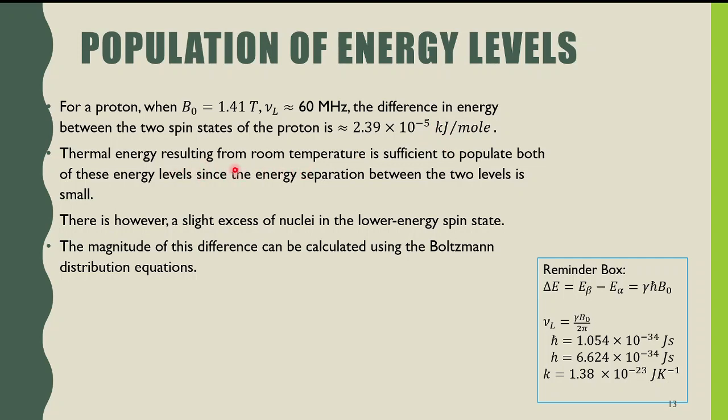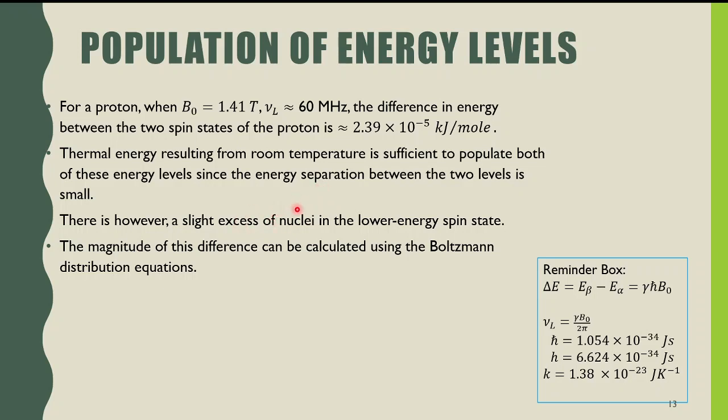So the thermal energy at room temperature is sufficient to populate both energy levels, because the energy separation is really very small. But in essence, there will always be a slight excess of nuclei in the lower energy spin state. It's always the preferred state, the lower energy.